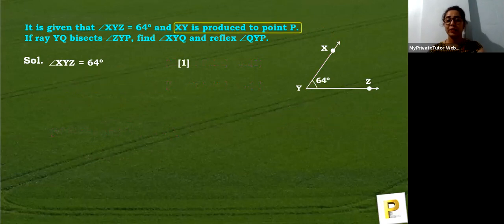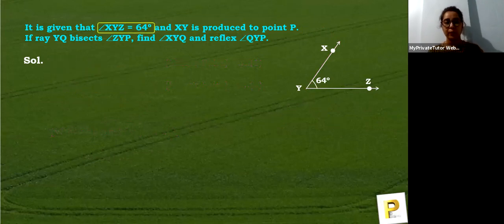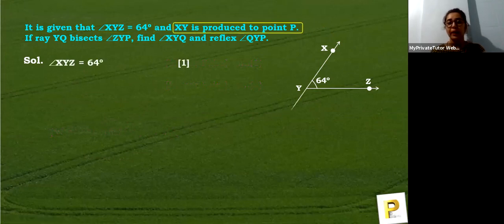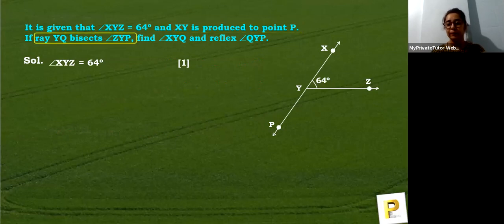Okay, so last question for today. It is given that angle XYZ is equal to 64 degrees and XY is produced to point P. This is how it is produced, like it is extended to point P. Ray YQ bisects ZYP. Find XYQ and reflex angle QYP.